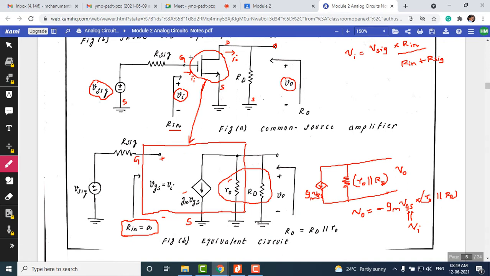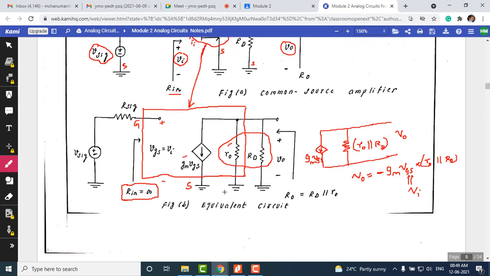Once we replace the MOSFET with its hybrid equivalent, at the gate there is R signal and V signal, at the drain point we have a drain resistor, and the source is grounded. So this is the equivalent circuit of the common source amplifier. There is no RS here as such. Including RS, we have a different circuit, which we will discuss later.